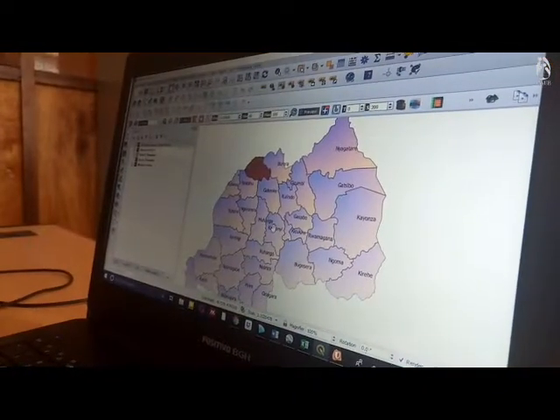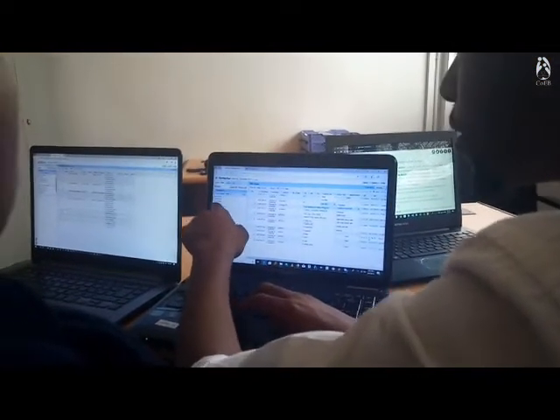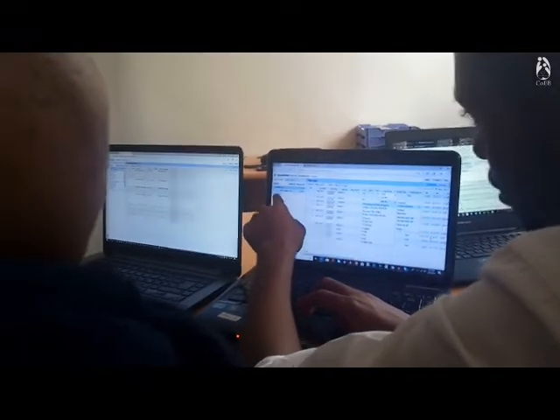Simply talking about the output of this training, we are different people who were recruited by the Center of Excellence to see how we can make biological diversity data available, because in Rwanda there have been different problems of data availability. Sometimes when researchers are doing research there is a gap in finding baseline data for biological diversity.